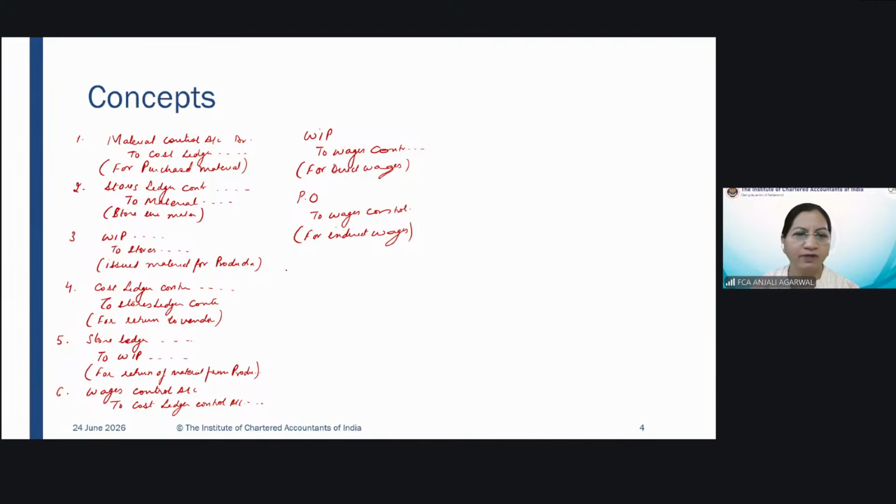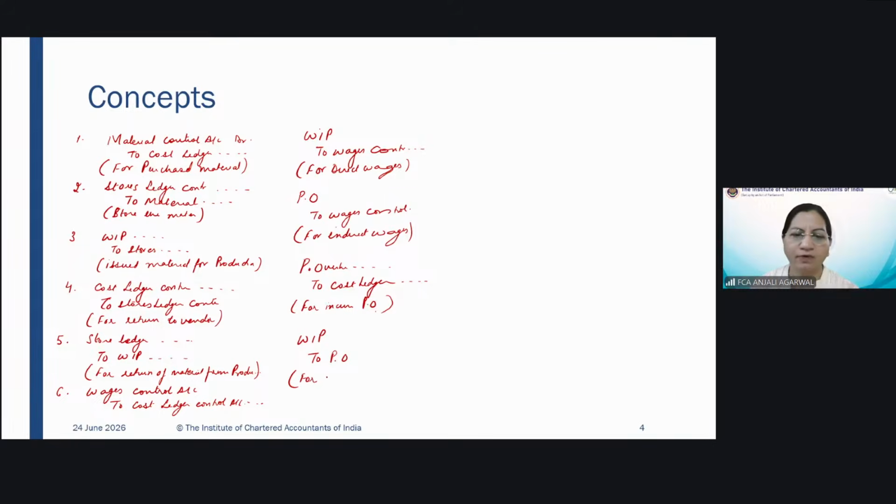Once you have allocated the wages, you will incur the production overheads. So production overheads control account debit to cost ledger control account, for incurring production overheads. Now recover the production overheads from WIP.